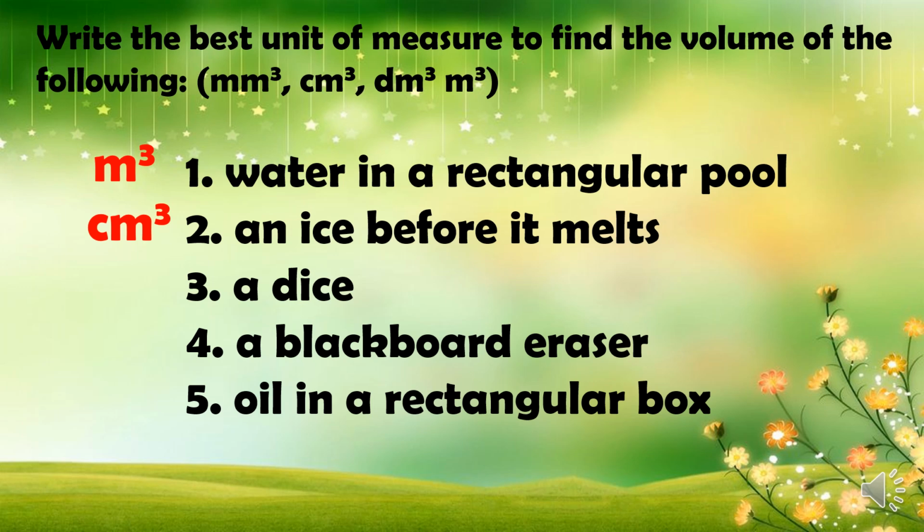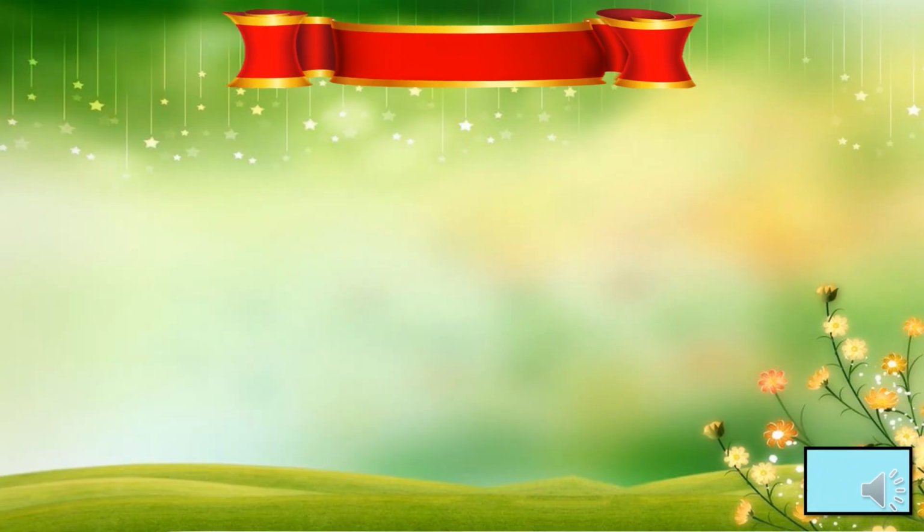We will be using cubic centimeters. So for smaller objects, we will use cubic centimeter. And then a dice. Since a dice is a very small one, we will be using cubic millimeter. Next, we have a blackboard eraser. We will be using a cubic centimeter. And number 5, oil in a rectangular box, we will be using cubic decimeters.